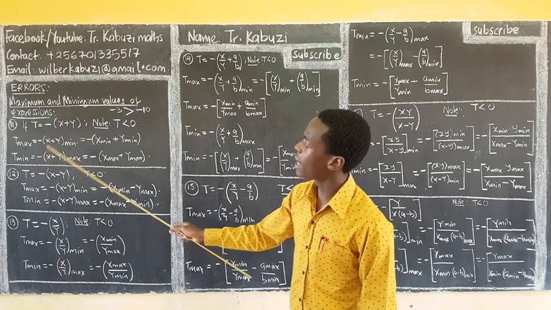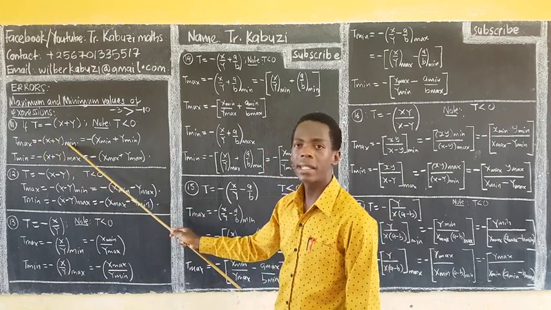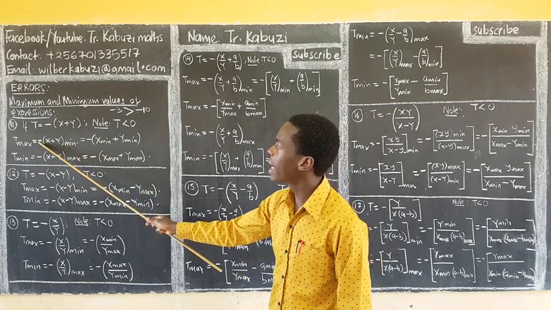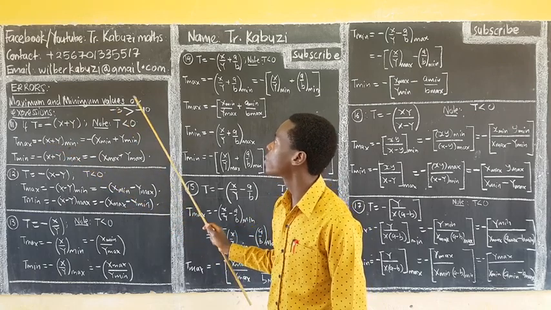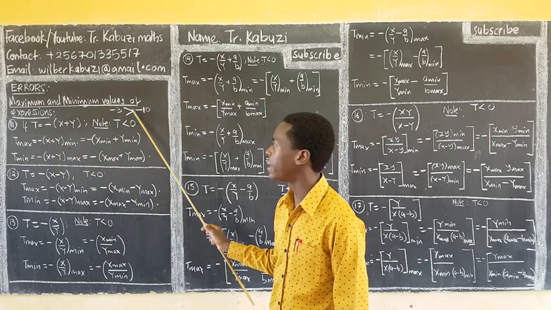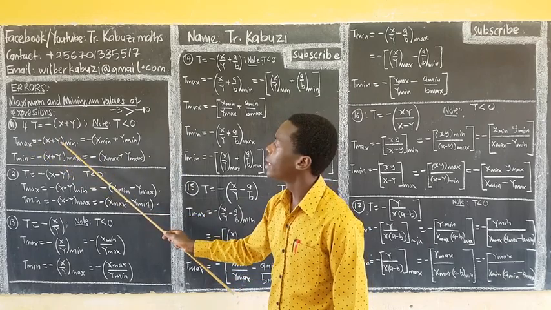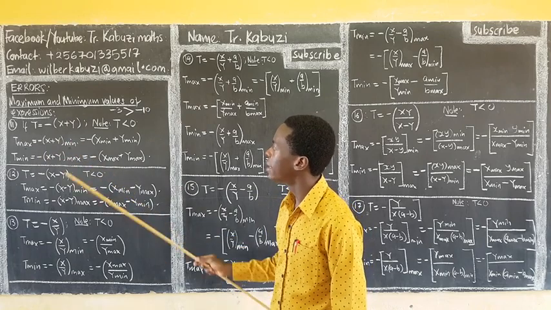Now, to maximize this, I minimize this. What happens if I minimize it? Because this is negative, I need this to be small, so that if it's small, it's going to be greater than this which is big. That's why, whenever it's negative, to maximize t, this should be minimized.